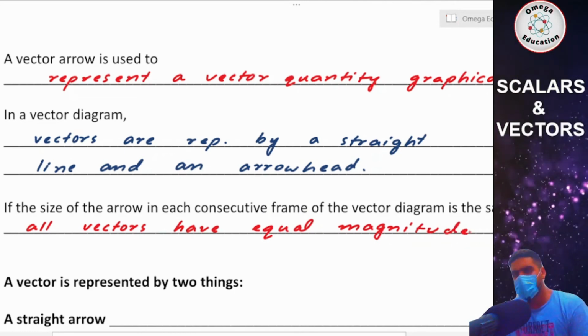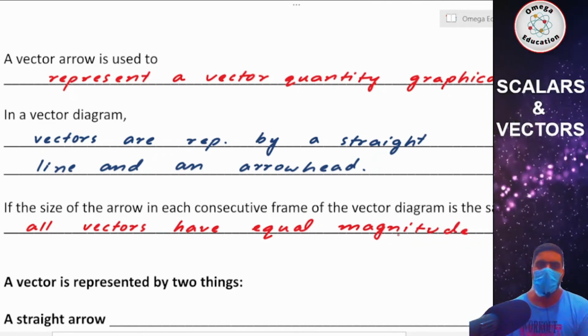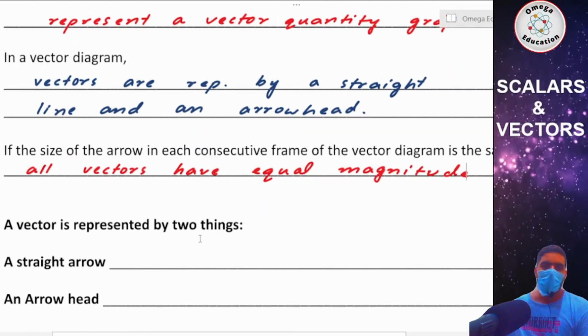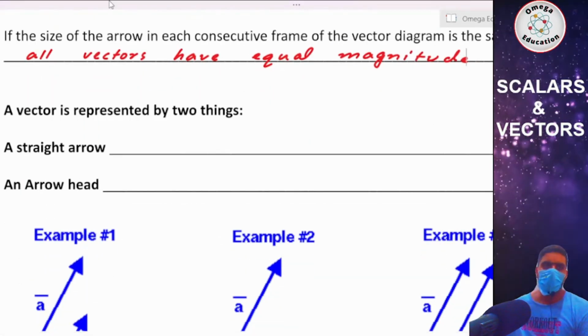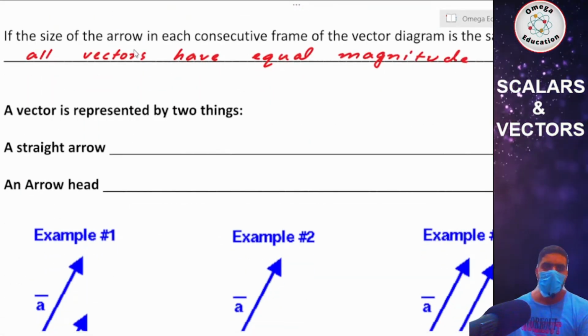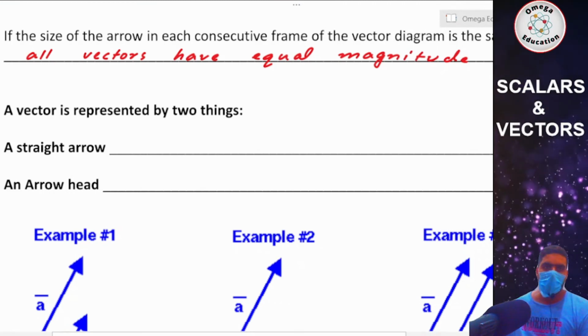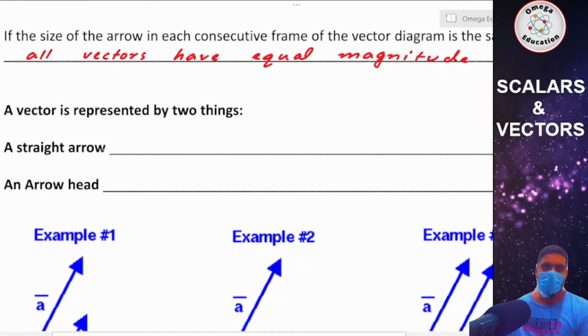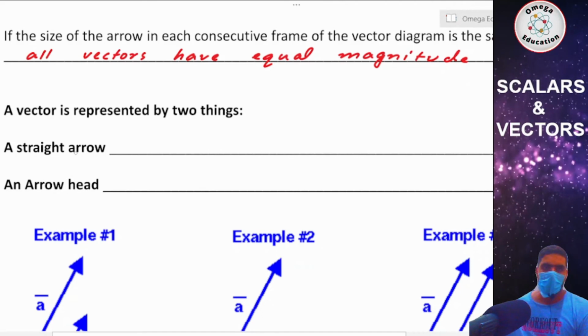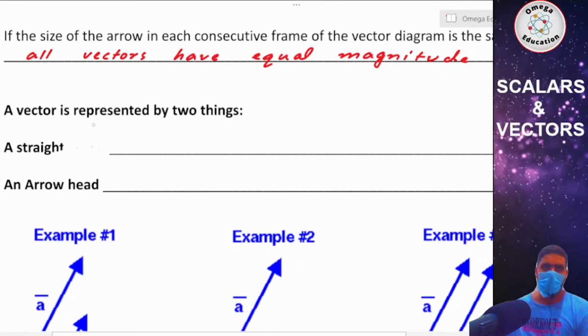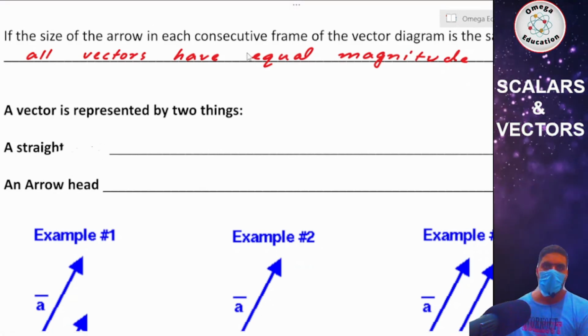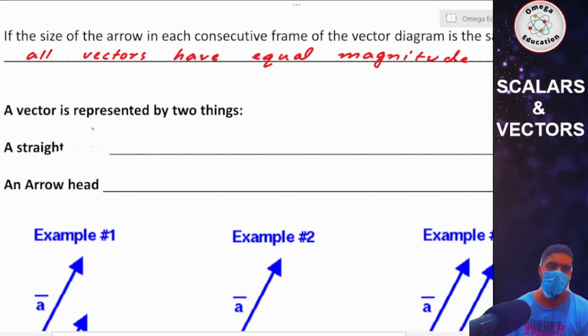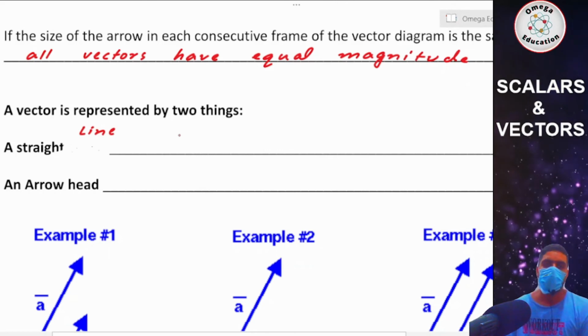Then I'll be explaining this one separately as well. A vector is represented by two things. First of all, a straight line, not an arrow, a straight line, and an arrowhead.